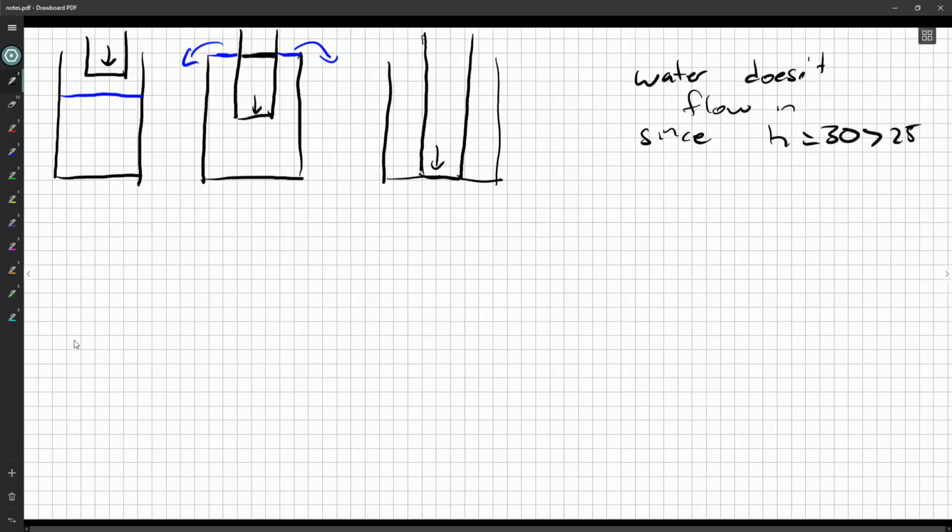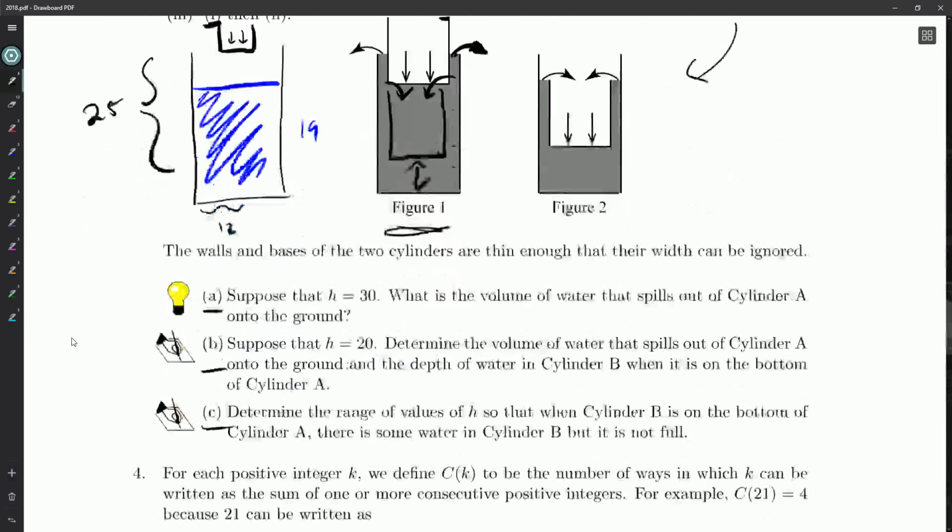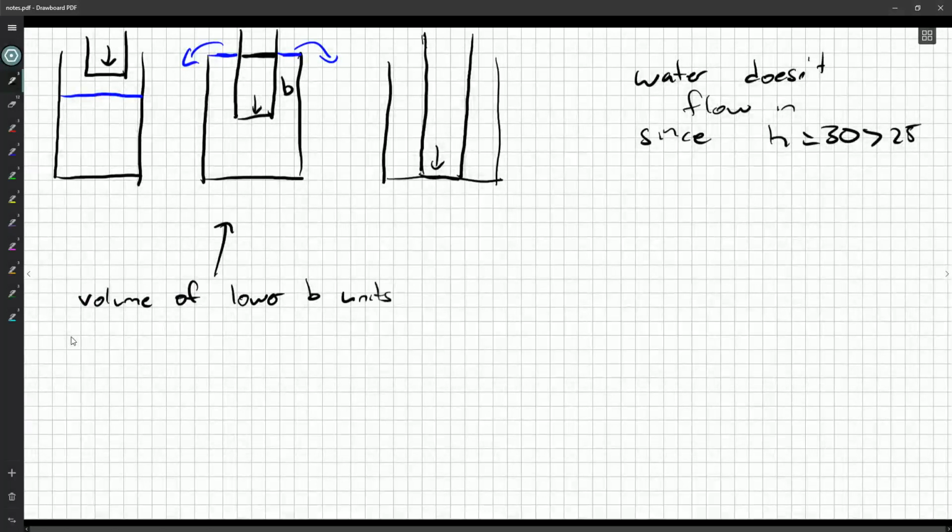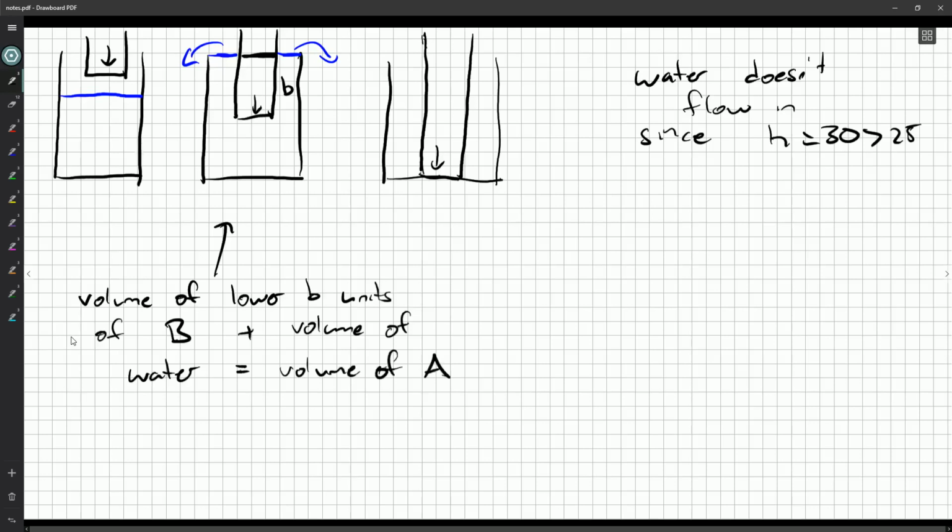That'll be when cylinder B is B centimeters, or whatever the unit is, deep into A. So at that point, lower B units of cylinder B plus the volume of water equals the volume of A. That's when A is filled to the brim, but nothing is going over.